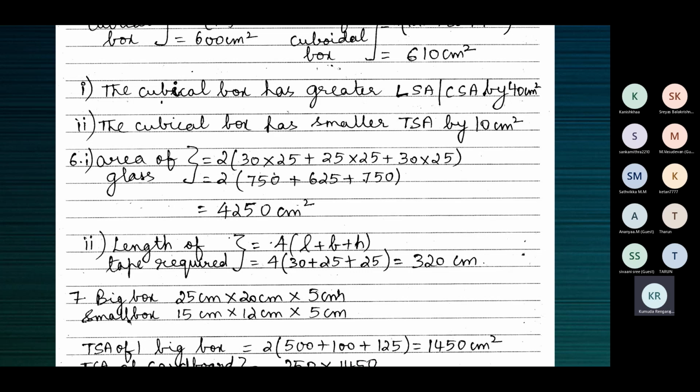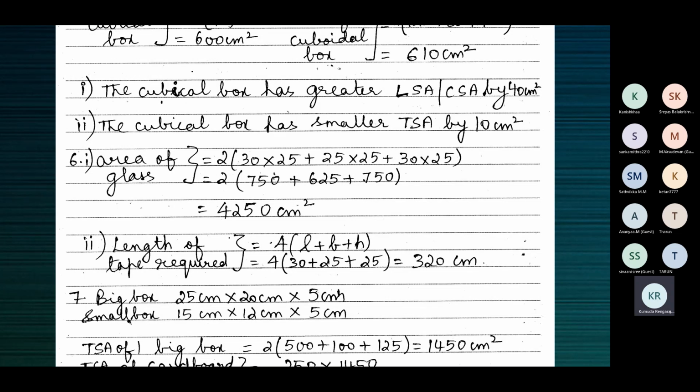You can see sweet boxes made of cardboard have overlaps. So for all the overlaps, 5% of the total surface area is needed extra.